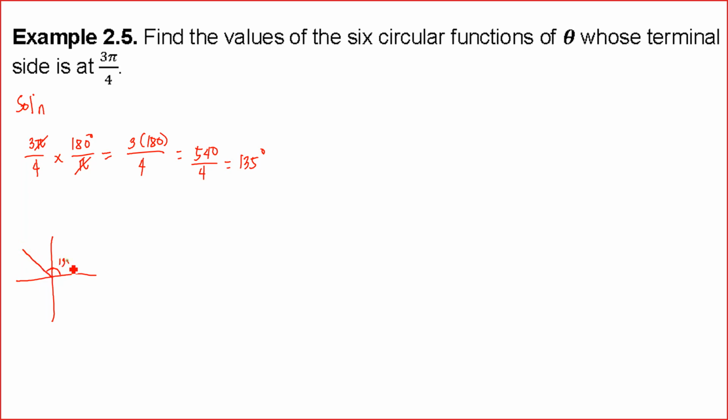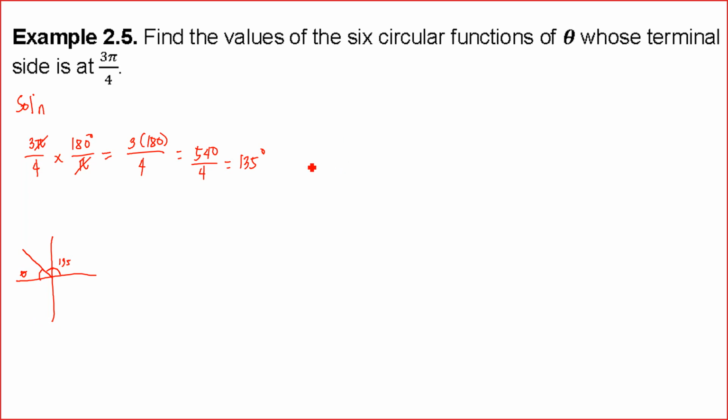Now, what is the reference angle here? How much should you add to 135 to make it 180? In that case, that is 45 degrees, and 45 degrees in the second quadrant.